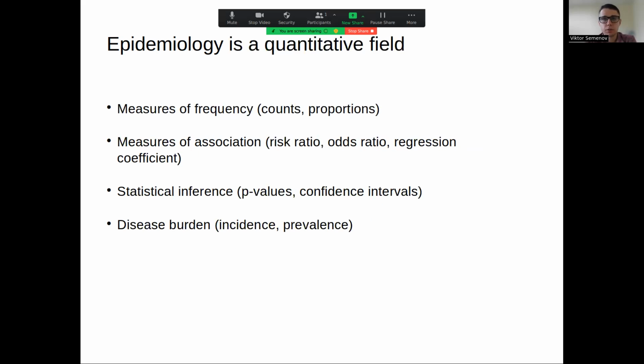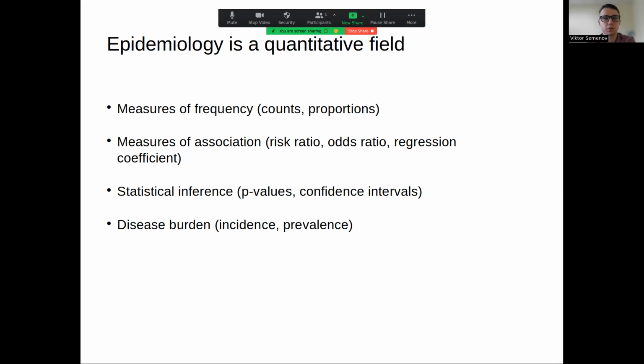Epidemiology is, first of all, a quantitative field. So it means that whenever possible, epidemiology operates with numbers and tries to justify the decisions made within this field by calculations. Here on the screen, you can see the basic list of what can be within the operation of epidemiology. Those are measures of frequency, such as counts and proportions.